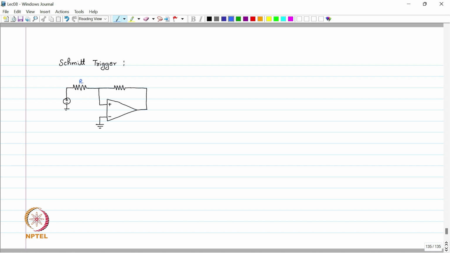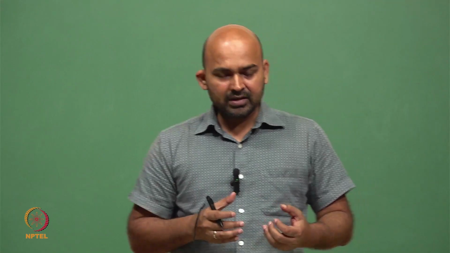These are R1 and R2, and this is the output. This is 0. Now this is the configuration of a Schmitt trigger, which acts as a filter, and it converts the data into a digital form.